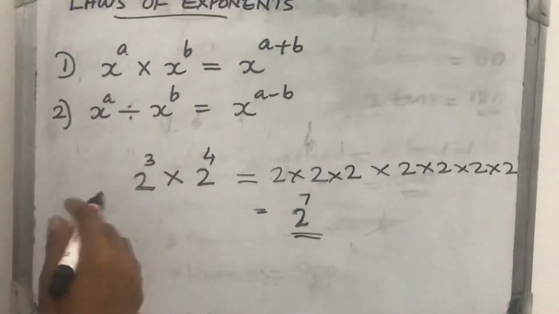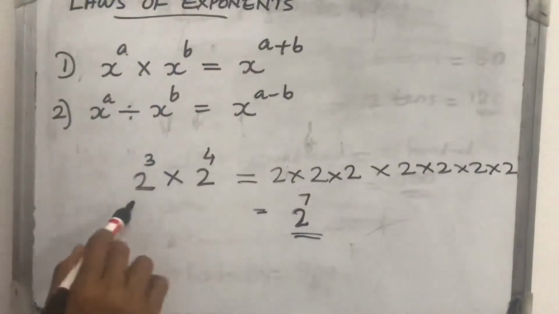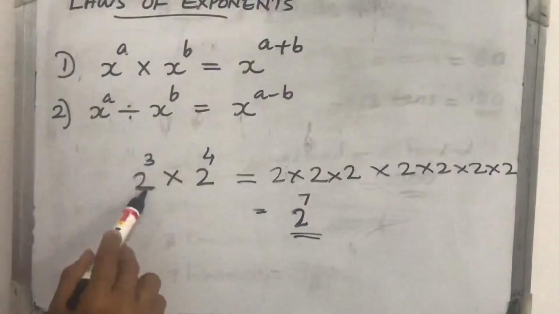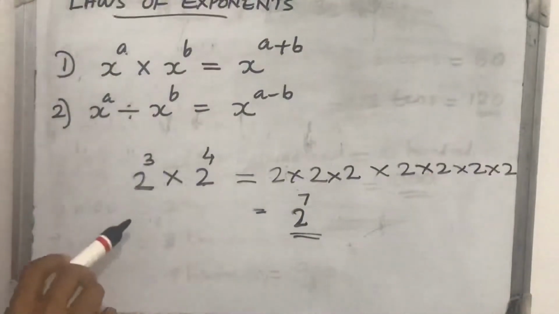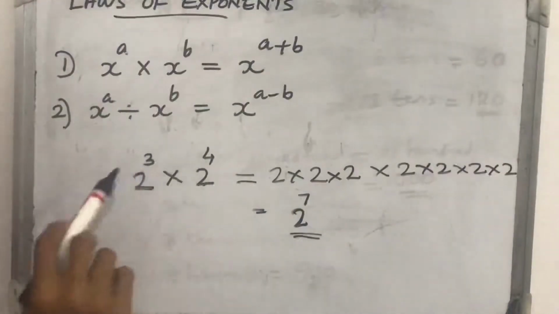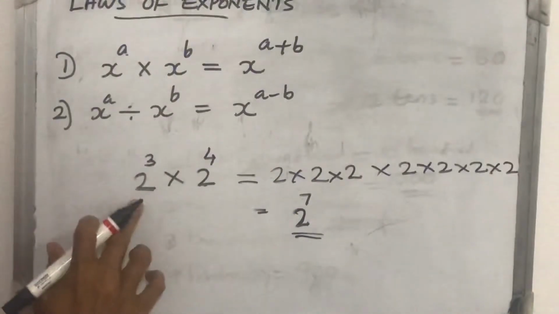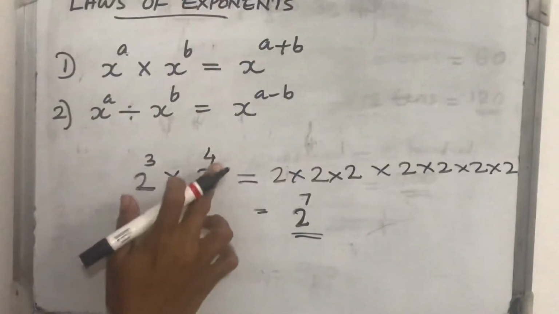So when we use this first law, 2 is the common base for both numbers, same base, and the powers are different. So instead of x raised to a, here it is given 2 raised to 3, and instead of x raised to b it is 2 raised to 4.